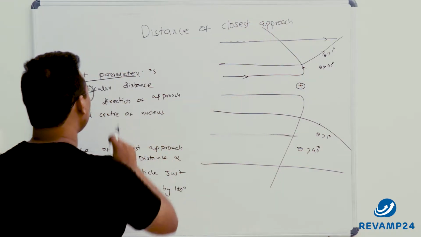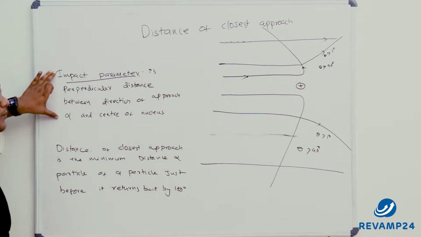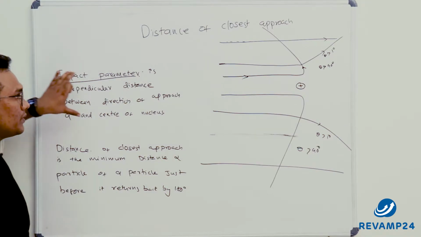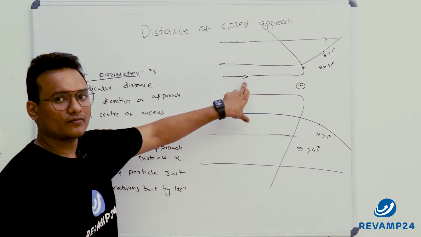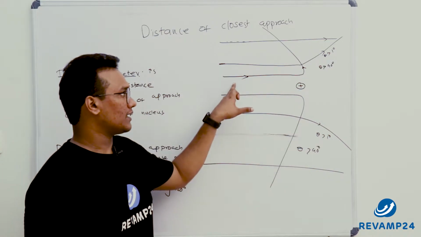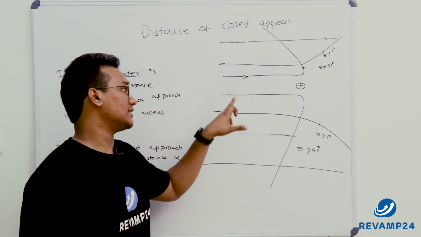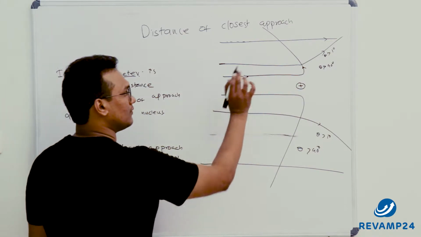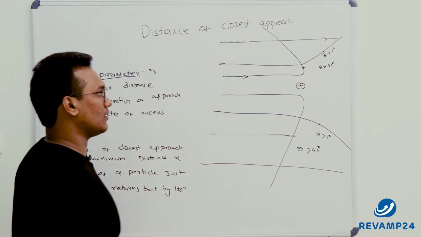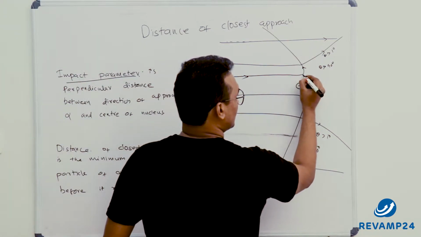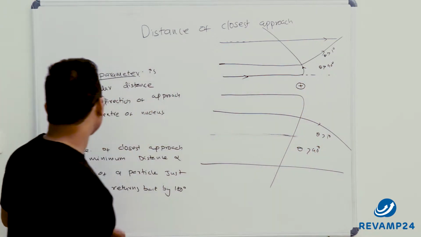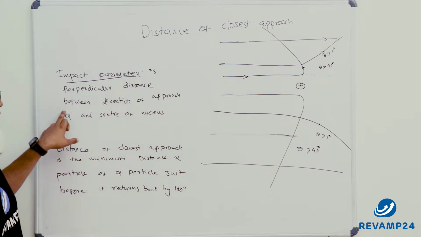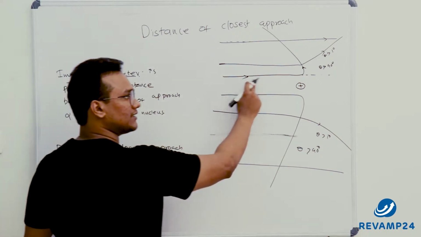Here, to get the value of the impact parameter, you should consider the direction of initial velocity. Let me complete the direction. I could also take it as the direction of approach. This one is the direction of approach.